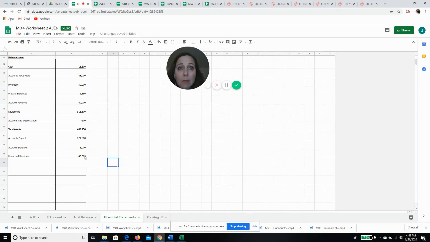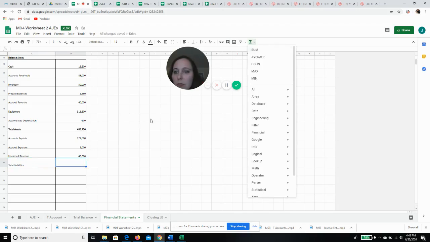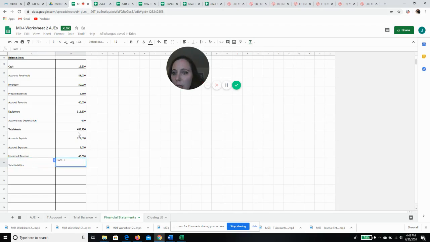If any of these had a debit balance, then I would put them as negative. But because they all have a credit balance, which is what a liability should have, they are listed as positive, okay? So the only negative I have is this accumulated depreciation because it's a credit balance within the assets. All right, so then let's see, total liabilities. We're going to add those up. And $320,000. All righty.